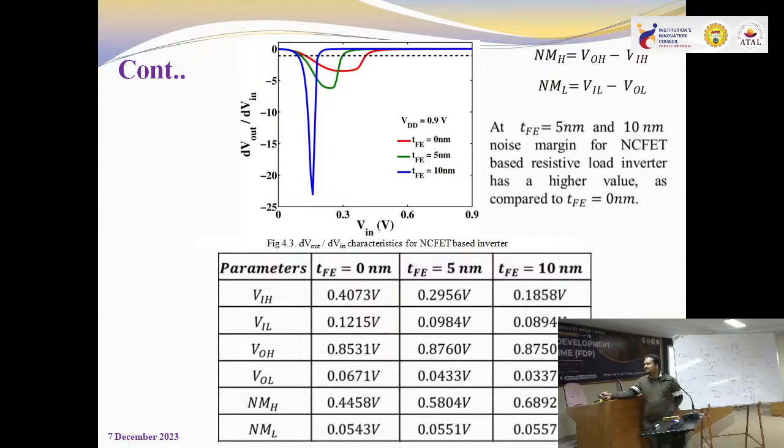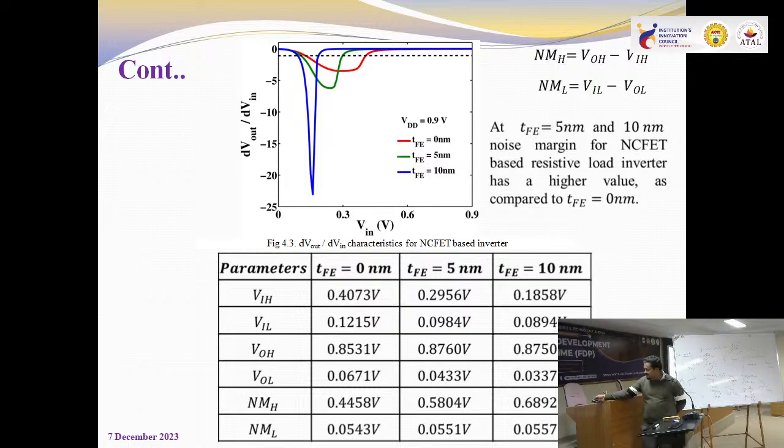This is dVout/dVin versus Vin. Through this characteristic, I have calculated VOH, VIL, VIH and VOL. These are the tables which I have got. For TFE equals to 5 nanometer and 10 nanometer, these parameters are higher compared to MOSFET.